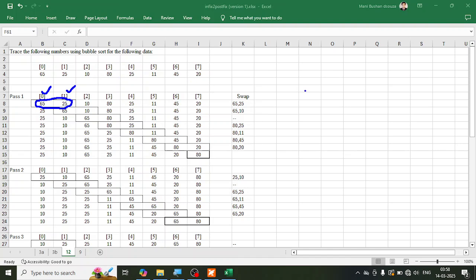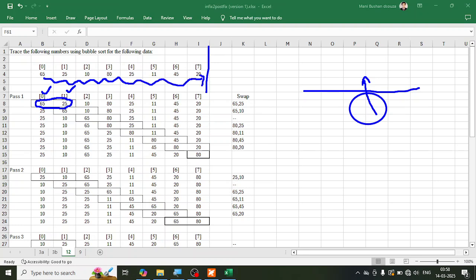If I take the surface, and the largest bubble will come out of the surface of water, this is the end point. So where is the end point for this list? The end point is here. At the end of the first pass, the largest element will come to the surface here, at the end point, just as the water bubble comes to the surface of the water.